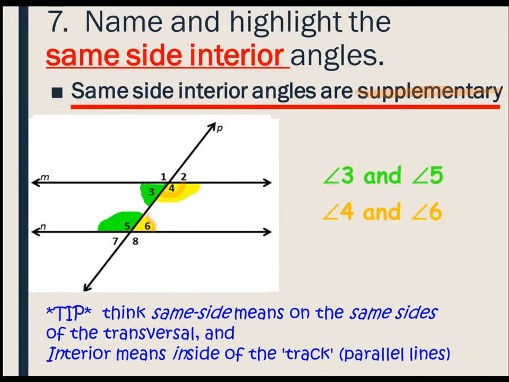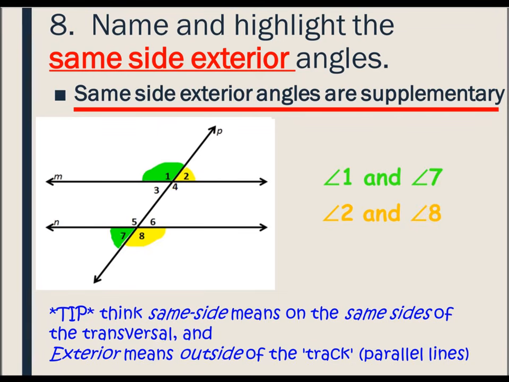And if I look at 6, I can tell that's an acute angle. So you should automatically be able to tell that these aren't going to be the same measurement. So they are supplementary. All right, and then angles 3 and 5 are on the same side. They're both on the left. And they are also interior angles. And again, you can tell that they don't have congruent measurements. 5 is clearly an obtuse angle, and 3 is an acute angle.